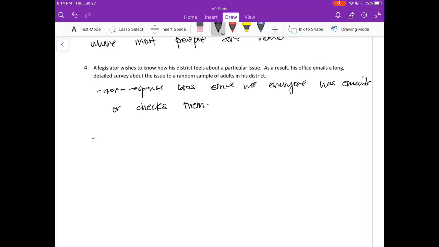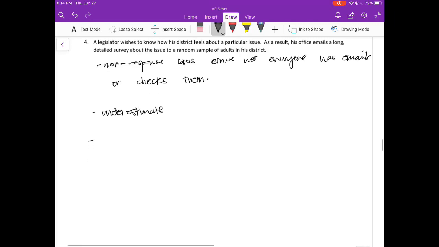So this would be an underestimate. So what he can do is either mail a survey or go door to door. Okay, that concludes lesson 3, which talked about the sources of bias.